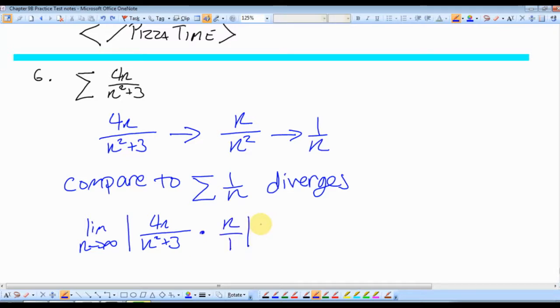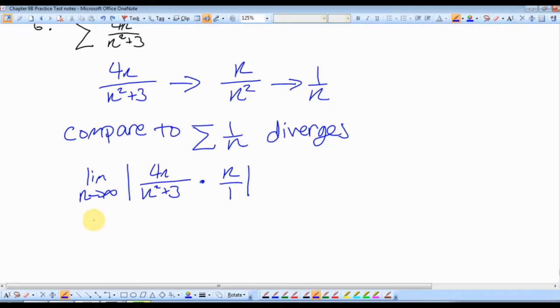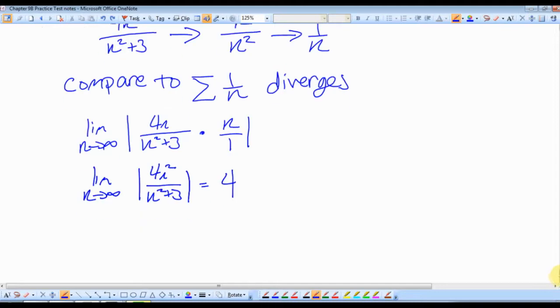Okay. Let's go ahead and compute this. This is the limit as n approaches infinity of 4n squared over n squared plus 3, so what you wrote before, which is 4. Which is a number.